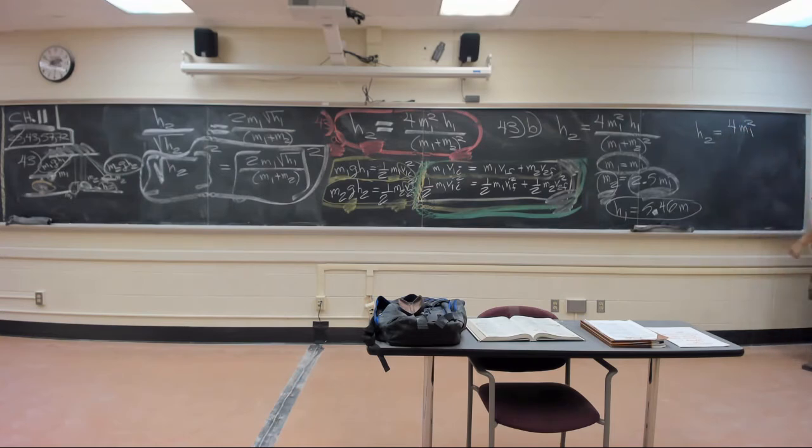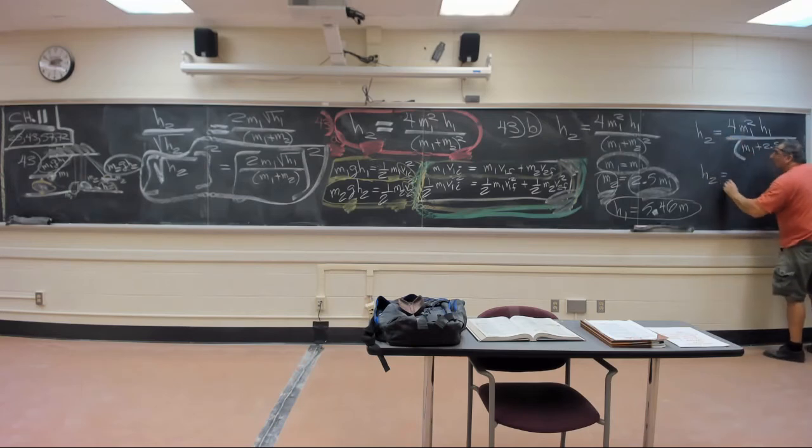4 M1 squared, H1, over M1. Well, he already told us what M1 was. This guy right here, M2, is 2.5 M1. Then we're going to square it. Well, let's keep going.